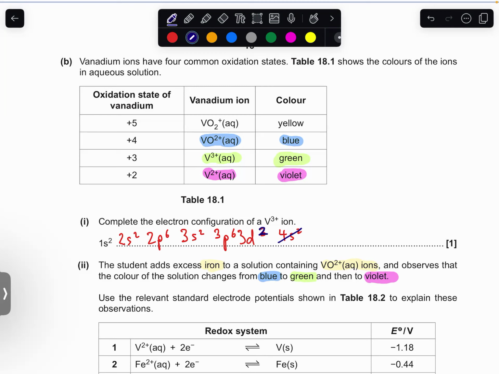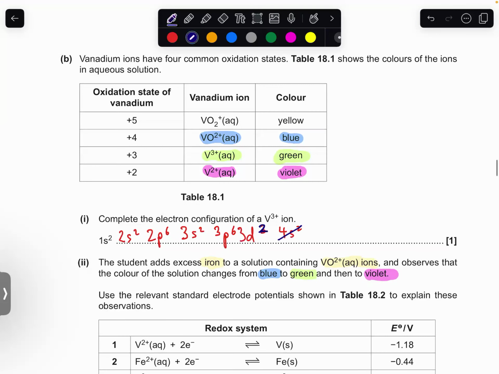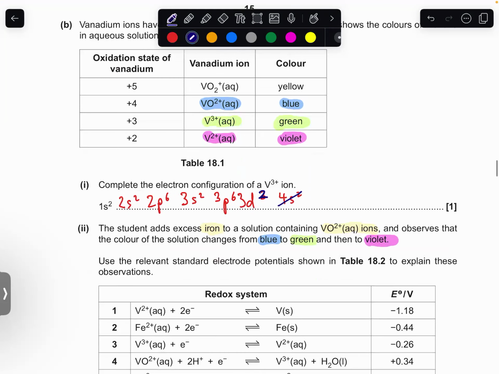Yep, and the mark scheme supports that. Now, let's have a look at this. To make it a bit easier on the eyes, I pre-color coded this. In question B part 2, the student adds excess iron to a solution containing VO2+ ions and observes the color of the solution changes from blue to green and then to violet.